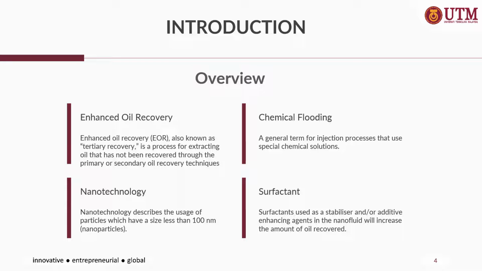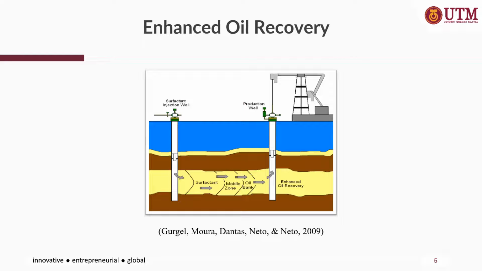Examples are SDS as an ionic surfactant, and detergent is a surfactant too. This is an example of an injection well, where a surfactant is used to increase oil production. The surfactant flooding will occur and increase the oil production.